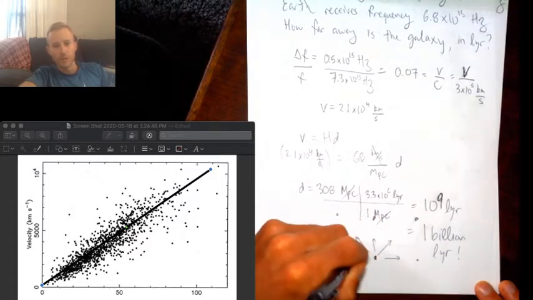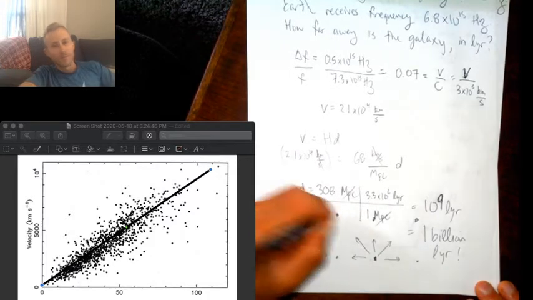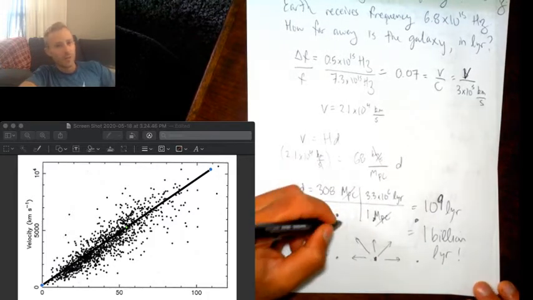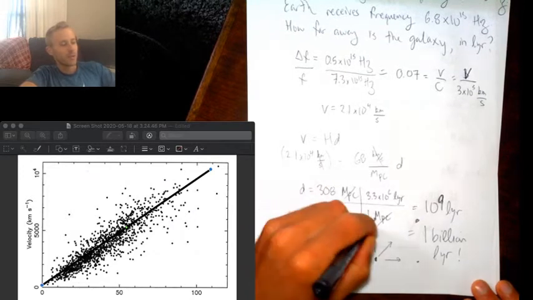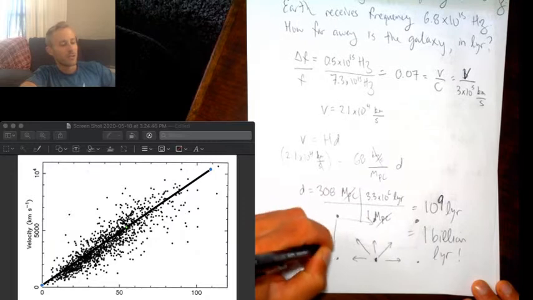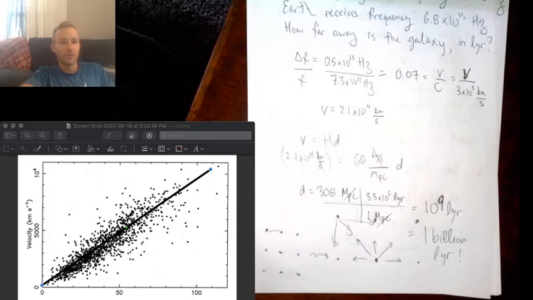Everything's moving away from me. But if you were right here, you would also see everything moving away, because it went from this far away to this far away. So no matter which galaxy you live in, you're always going to appear to see yourself at the center of the universe. But the universe has no center as far as we know.